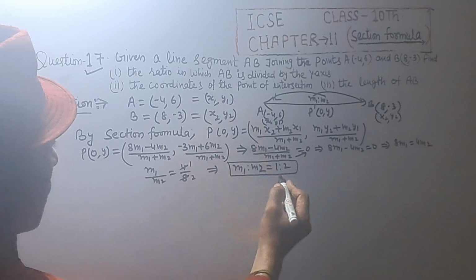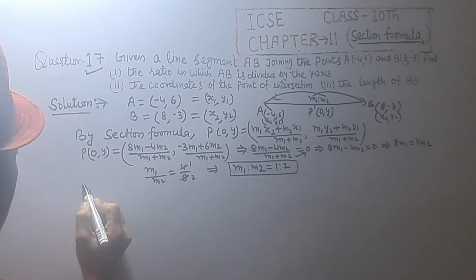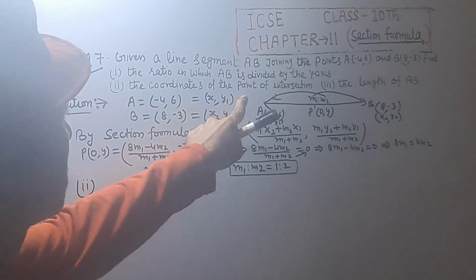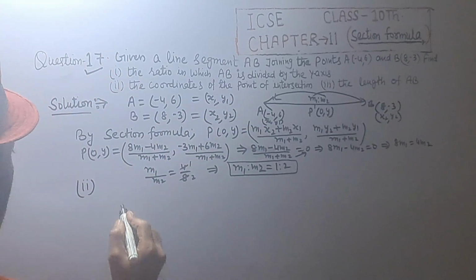The first part is 1:2, and the second part is the coordinates of the point of intersection.